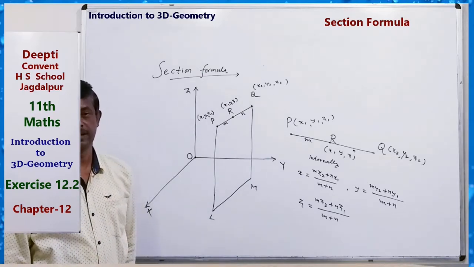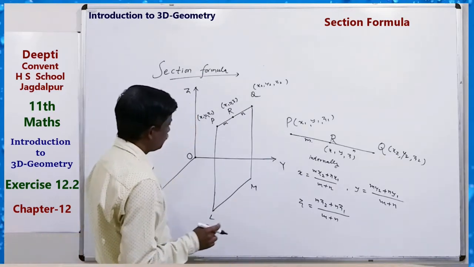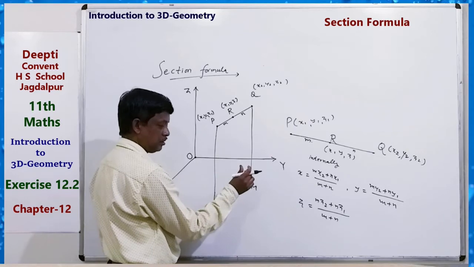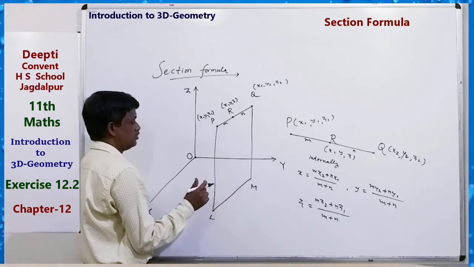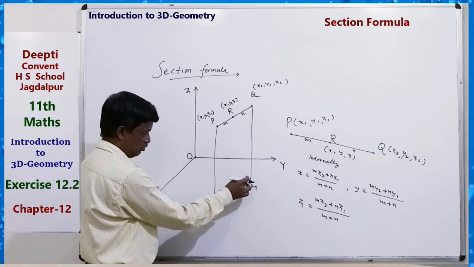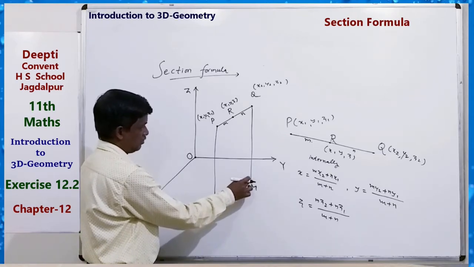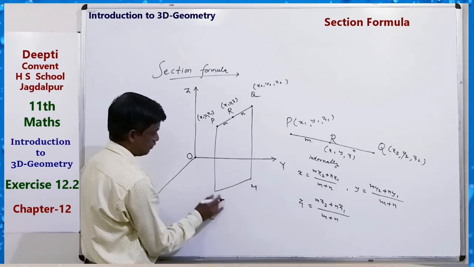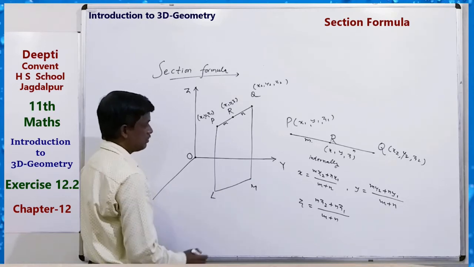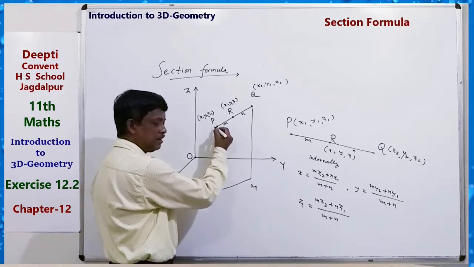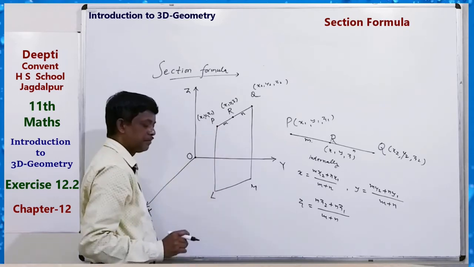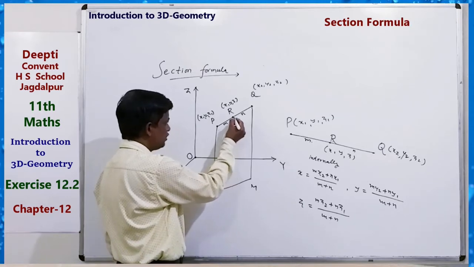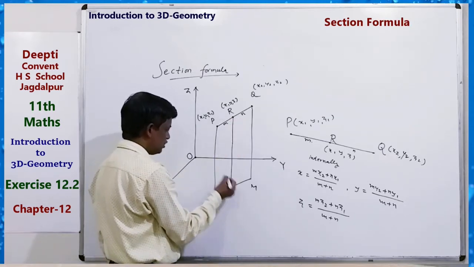Now we can draw a line parallel to this line. This is L, suppose. Draw a line from here, and draw a point here.